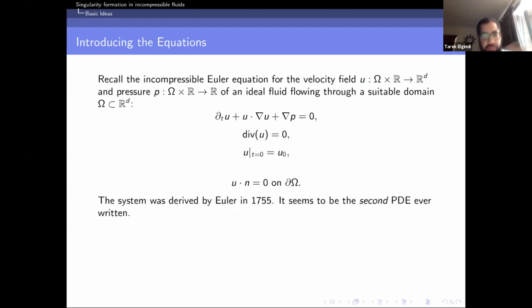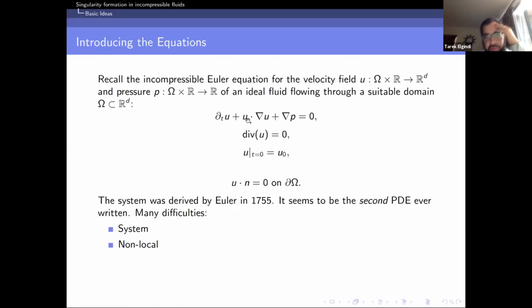Though much is still unknown, and there are many difficulties associated with analyzing this equation. It's a system, so it's not a scalar equation. It's non-local. In order to keep the divergence of u equals zero condition, you added this pressure, right? But then this is a non-local equation.